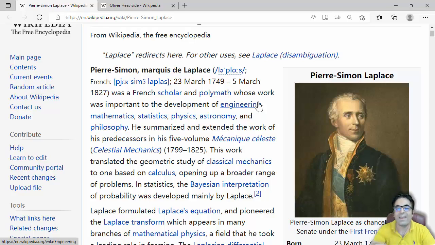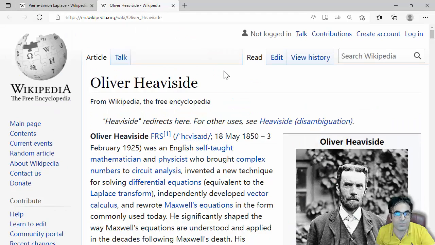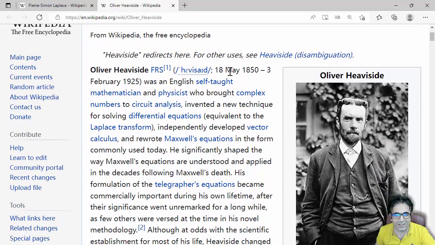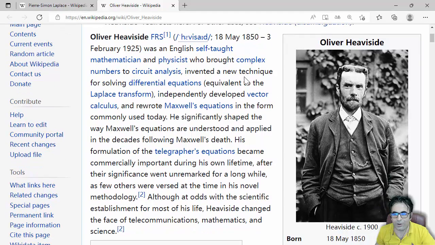And then later, after him, there was another smart guy called Oliver Heaviside, an English mathematician and physicist who also worked on this topic. And right now we have the opportunity to enjoy the application of Laplace transformation.